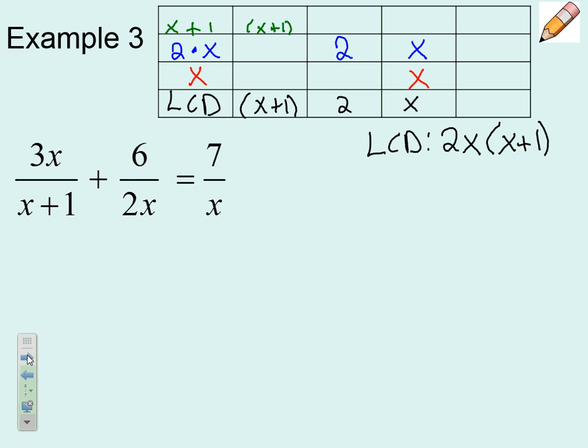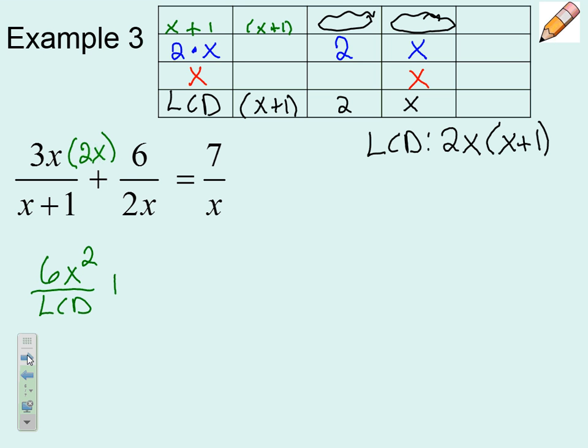If I look at my first one here, I'm missing a 2 and I'm missing an x. So when I go to my first fraction in the numerator, I'm going to have to take 3x times 2x. When I do that, I'm going to get 6x squared all over my least common denominator plus, and then look at my second one.